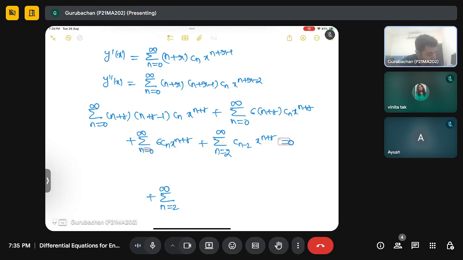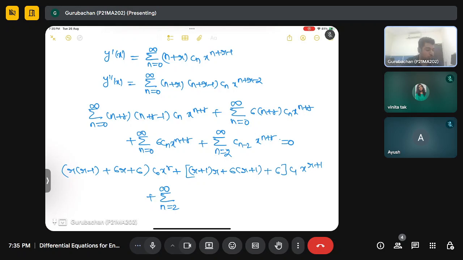For n equal to 0, you will get r into r minus 1 plus 6 times r plus 6 c naught x to the power r. Next is r plus 1 into r plus 6 times r plus 1 plus 6 c1 x to the power r plus 1.